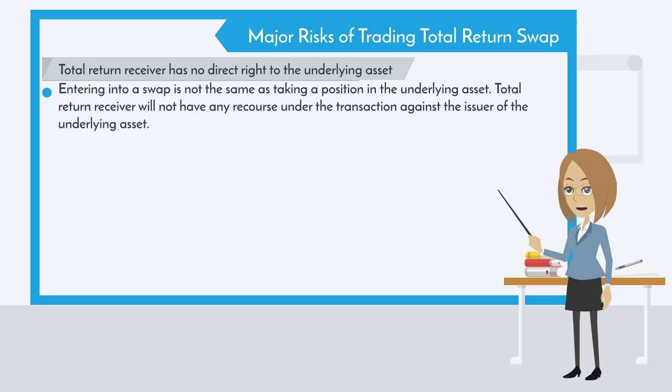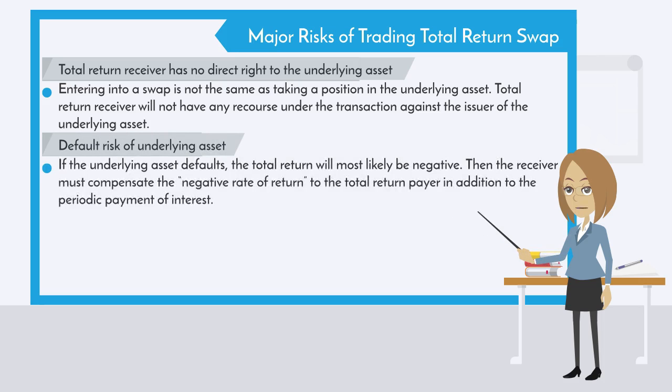Firstly, the total return receiver has no direct right to the underlying asset. Entering into a swap is not the same as taking a position in the underlying asset. Total return receiver will not have any recourse under the transaction against the issuer of the underlying asset. Secondly, if the underlying asset defaults, the total return will most likely be negative.